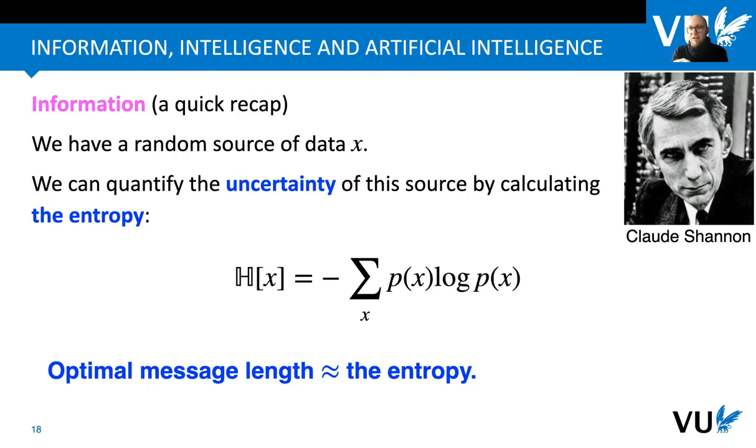Shannon showed that you cannot do better if you want to send a message. So the entropy will tell you the optimal length, so the number of bits, for instance, that are required to send a message.